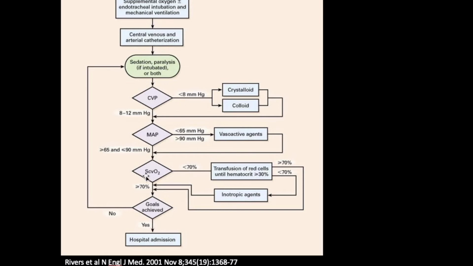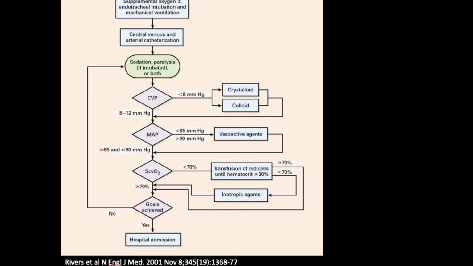And so if there's inadequate tissue oxygenation as registered by central venous oximetry, then that would be someone who would need an inotrope. And so they would then add an inotrope in, and such would be their strategy.